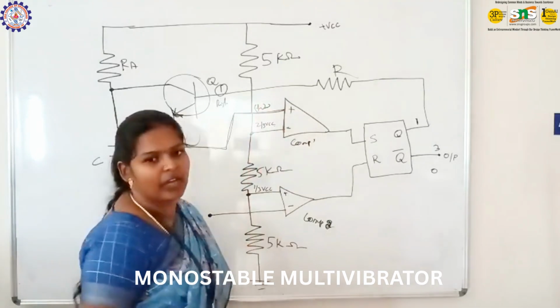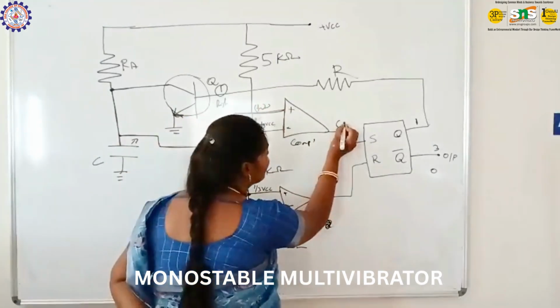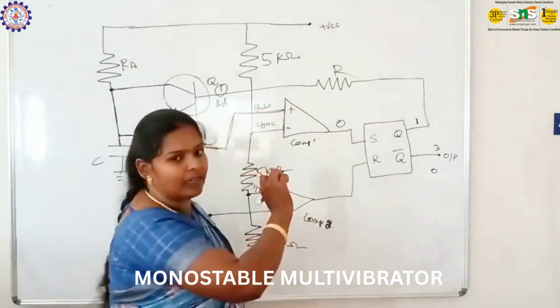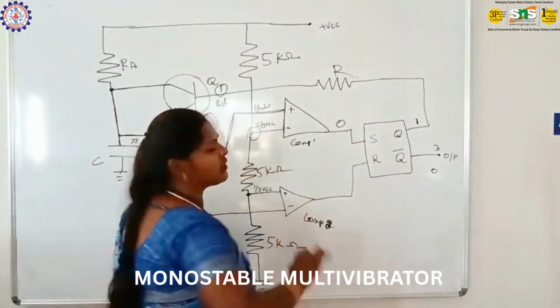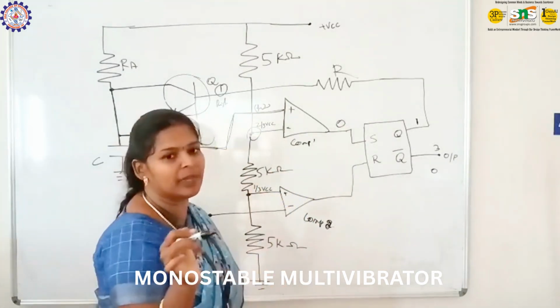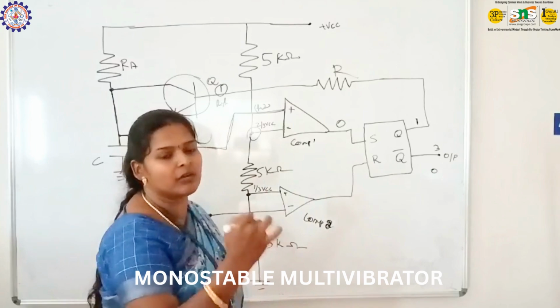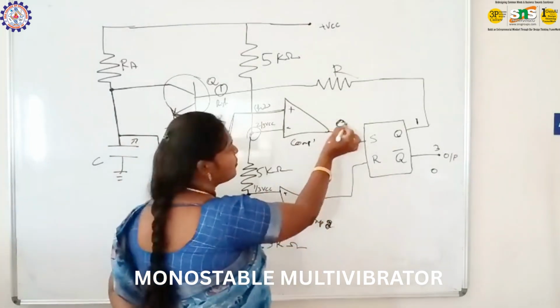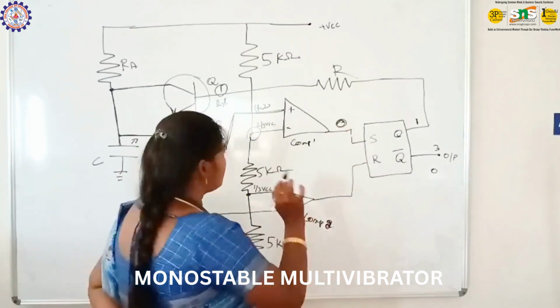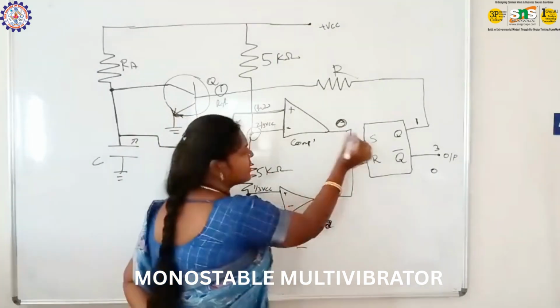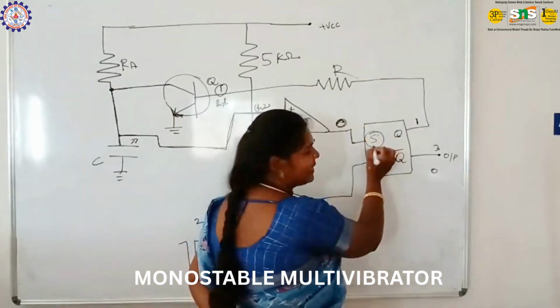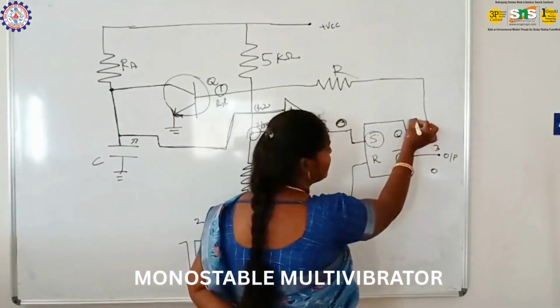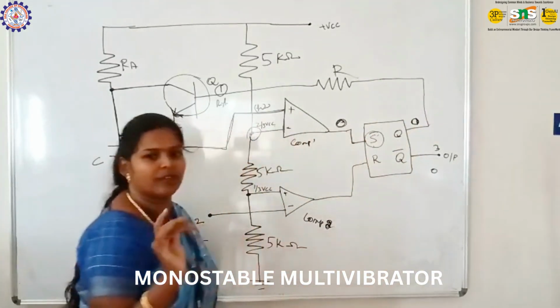It compares the values and produces 0 output because of this low value. This non-inverting input will be high. 2/3 VCC is comparatively high, so the comparator will produce the value 0. Now this signal is given to set and Q. Now Q will be 0.